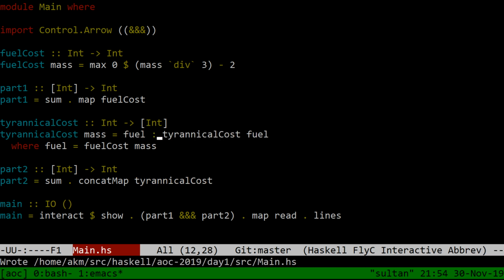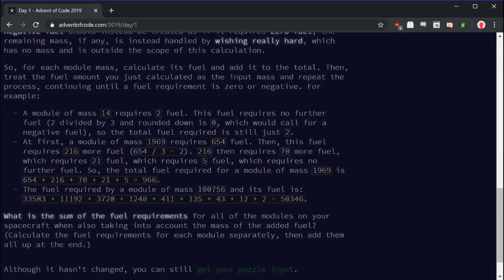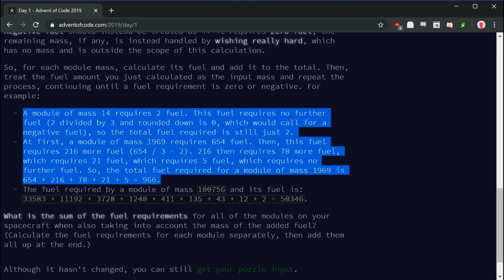And what I did in order to make it easier for myself to figure out the problem was I had tyrannical cost return a list of int instead. All of the costs recursively down the stack, right? First the cost of the module, then the cost of the fuel you just added, then the cost of the fuel at fuel costs, and so on. So that I could compare it to the example given here.